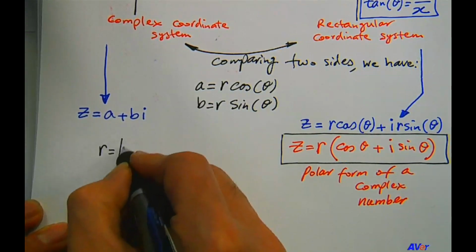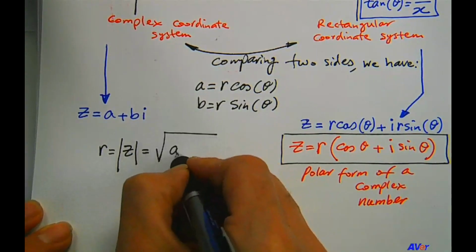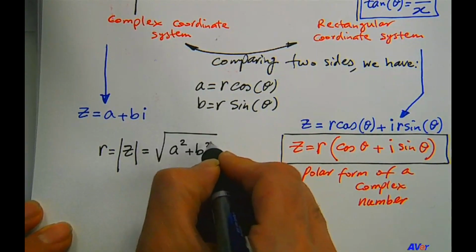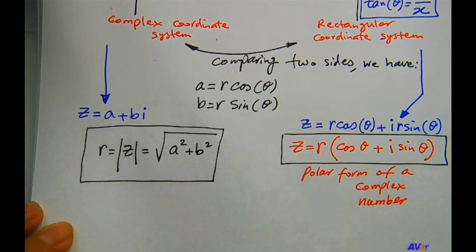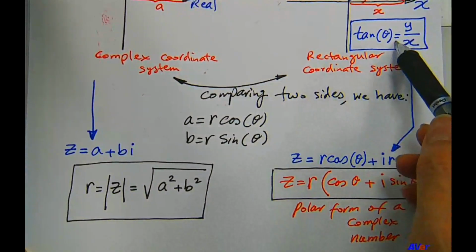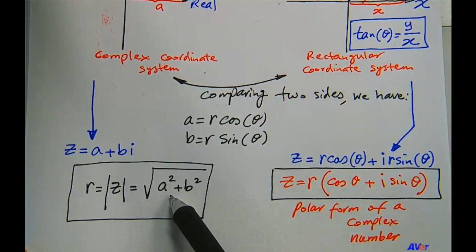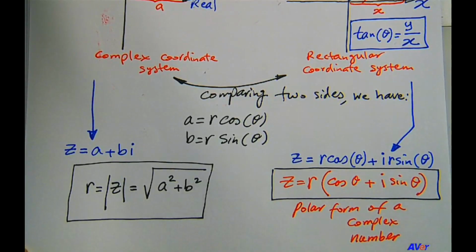R equals the absolute value, and this is the modulus, equals the square root of a squared plus b squared, right? So these three formulas are going to be critical in this whole section. We want to remember these and apply them in each situation.